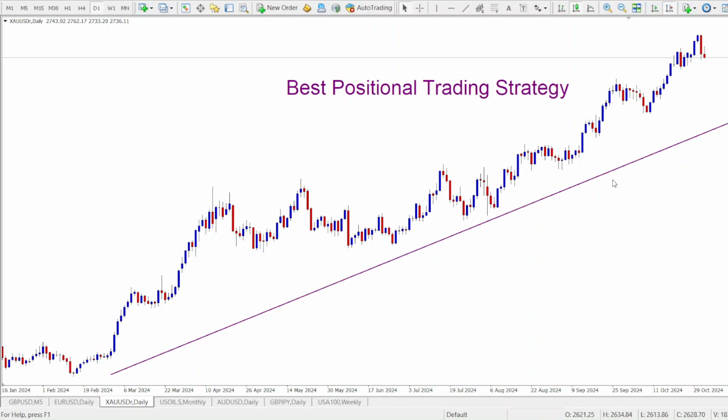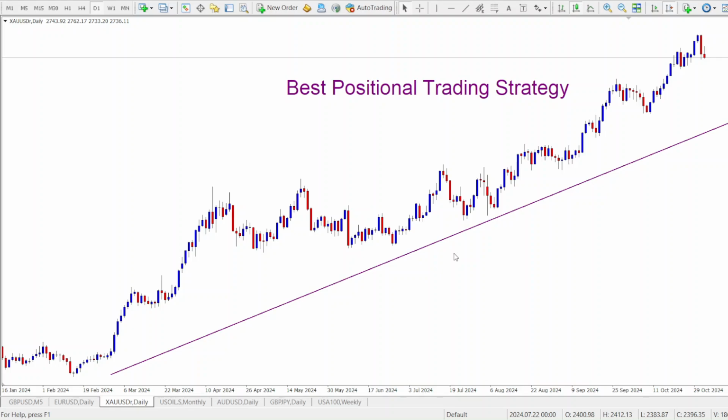Now you decide to enter a trade based on your analysis of market conditions and your trading plan. As the price continues to rise, you monitor the trade, but you allow it to play out perhaps over a few weeks, capturing significant gains along the way.